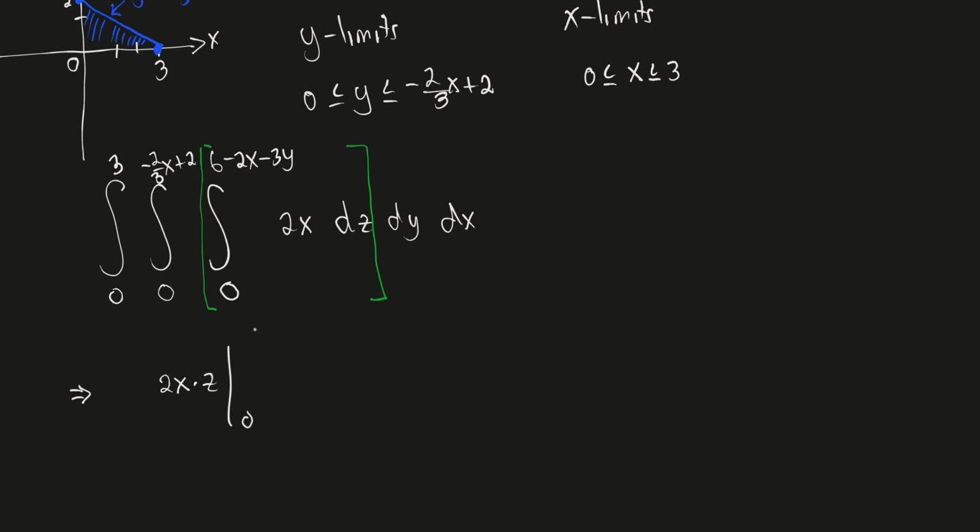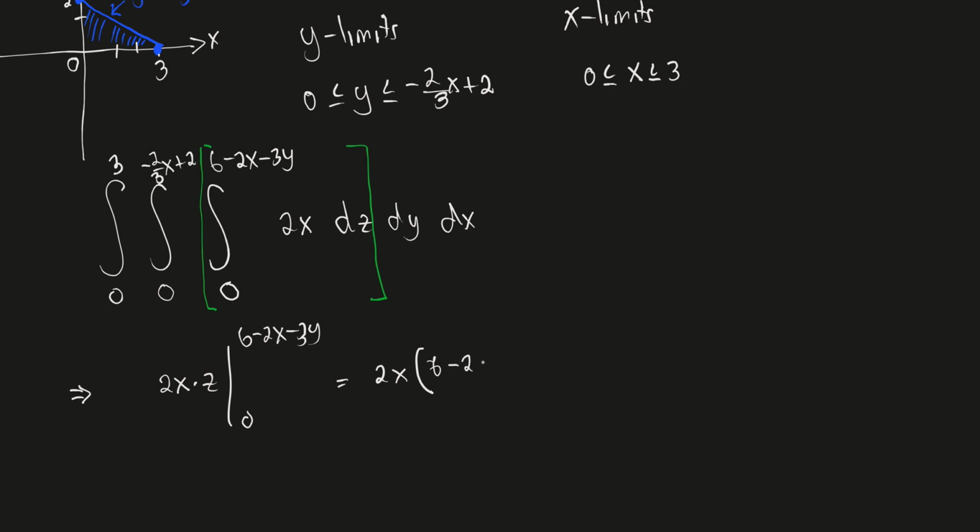So 0 to 6 minus 2x minus 3y, and then we'll have 2x times the quantity. When I plug in the upper limit for z, I just replace z with exactly what I have there. And then when I plug 0 in, I'll have 0. So it ends up looking like this.